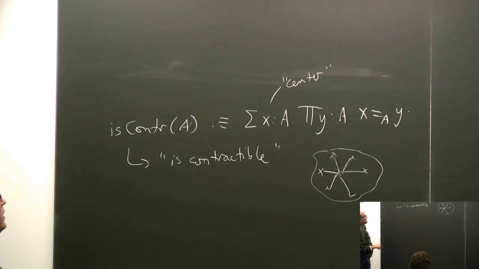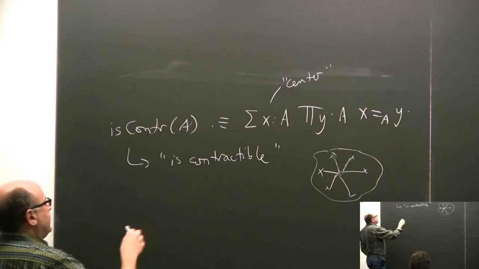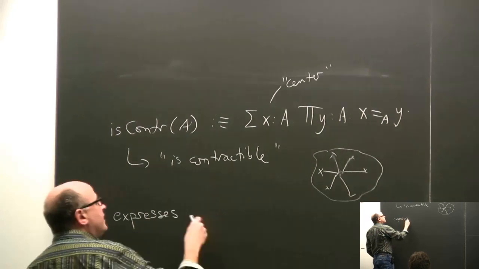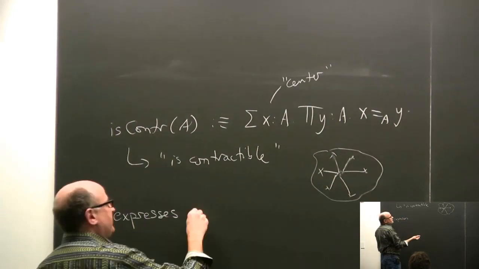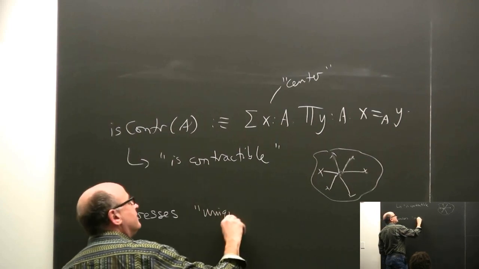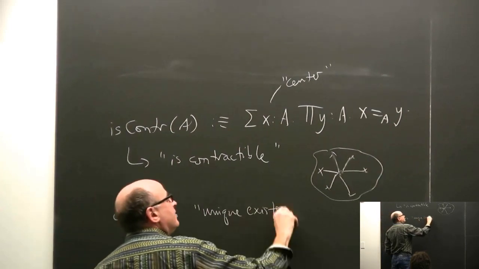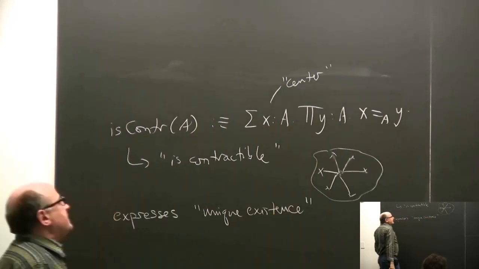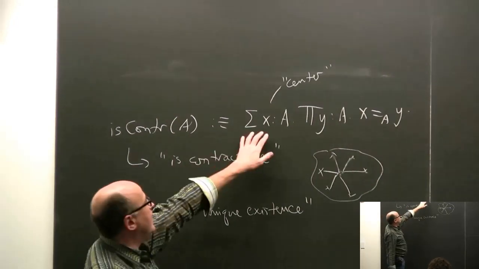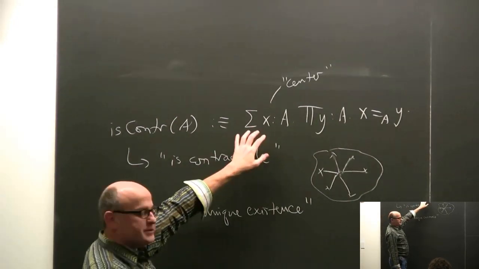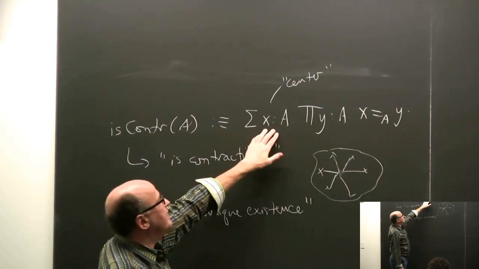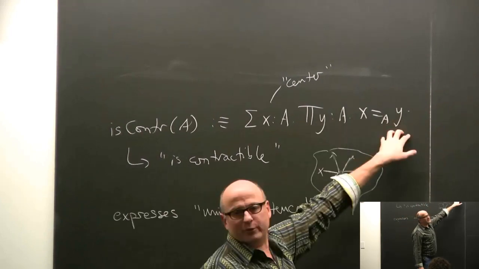The other way to think about it, and we're going to use this, is that it expresses in isolation the idea of unique existence. We're going to discuss an instance of this shortly, but the idea is it says there exists something in A such that every other thing in A is equal to it.